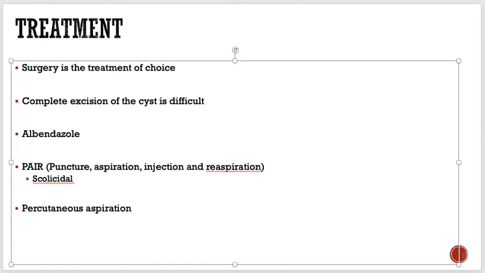Nowadays, with the help of syringes, they can aspirate the contents. Then injection of a scolicidal agent follows. Alcohol can be used, as I told you, hypotonic saline can be used, and there are many other things which can be used, but that's not important. So this is how we treat this condition.